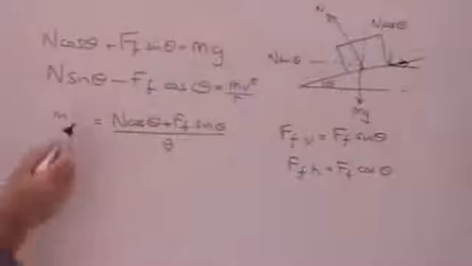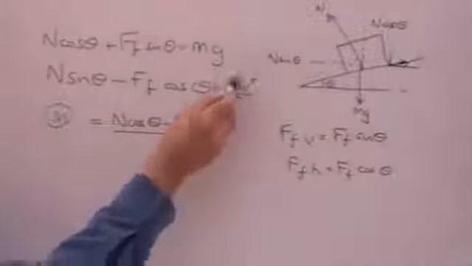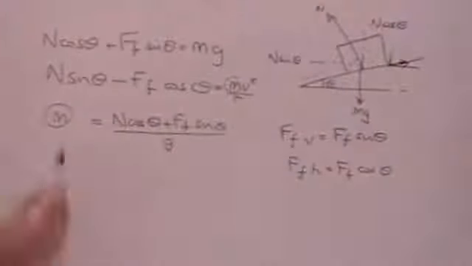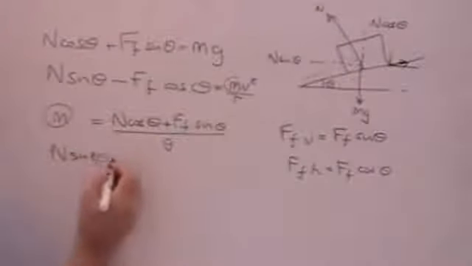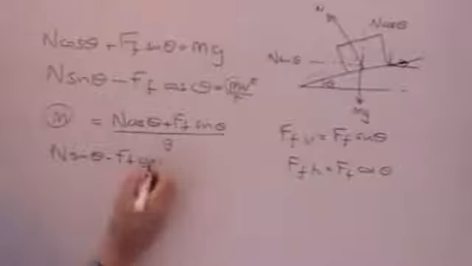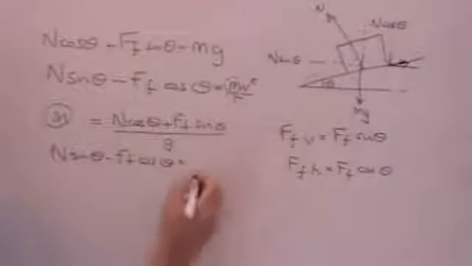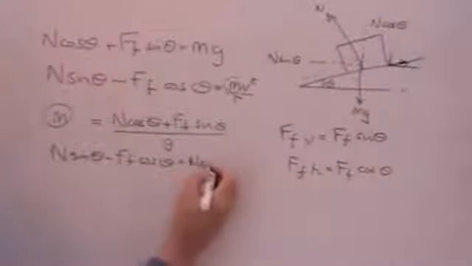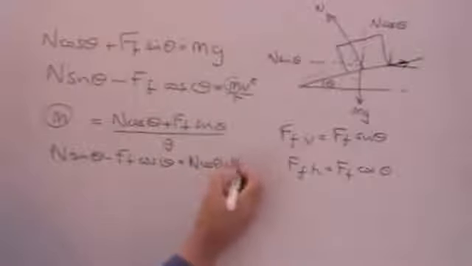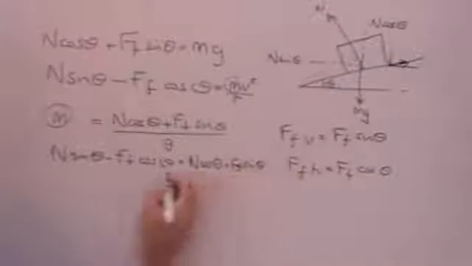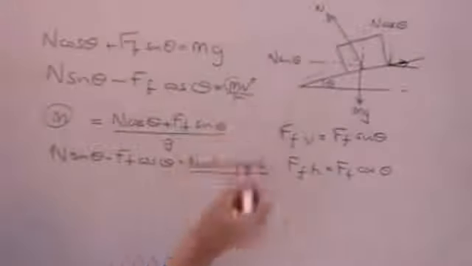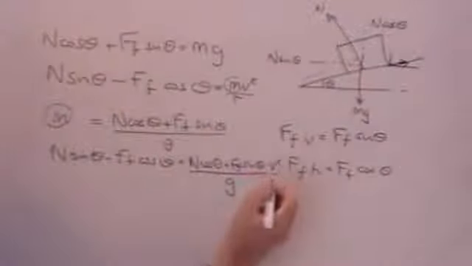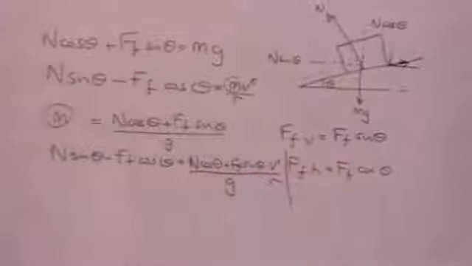And again, I can substitute that value for m into this equation, and so this equation becomes N sine theta minus Ff cos theta is equal to m, which is N cos theta plus Ff sine theta over g, times v squared over r. Put a line there so it shows it's separate.